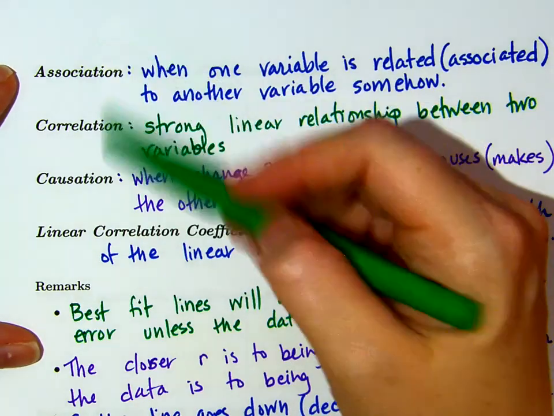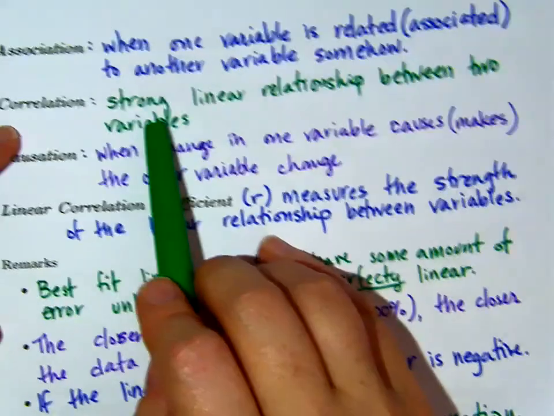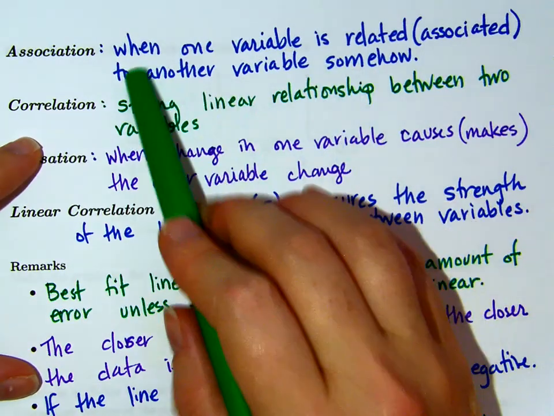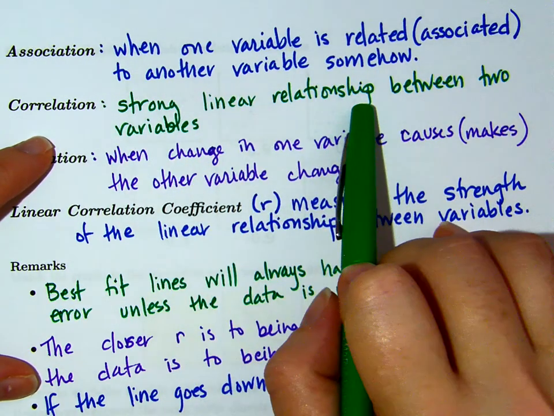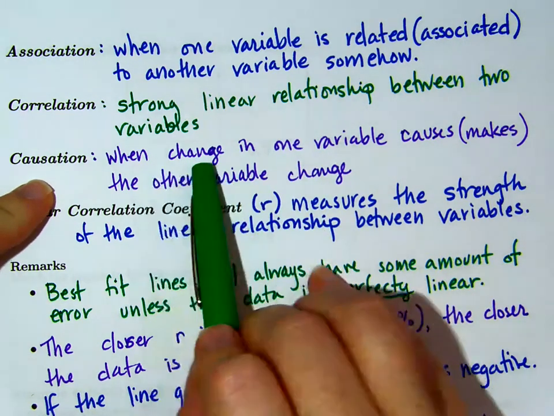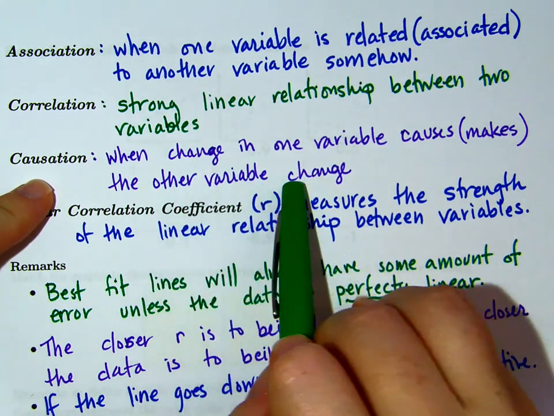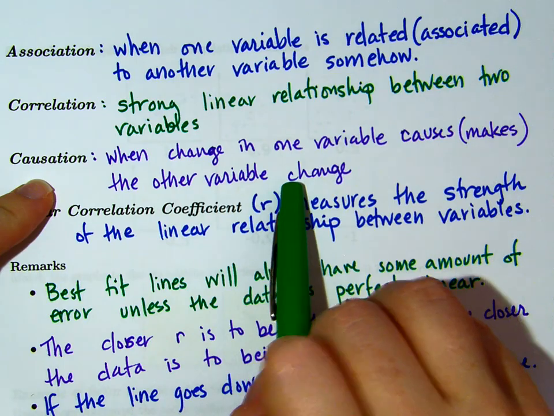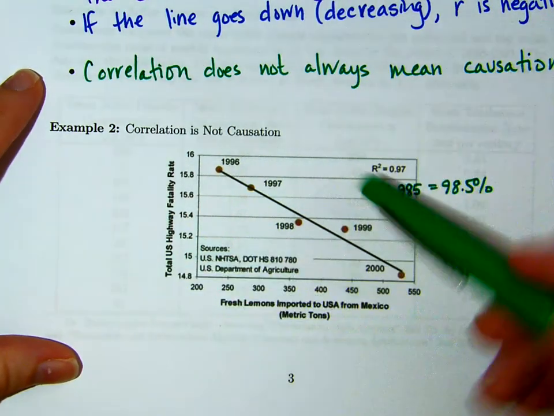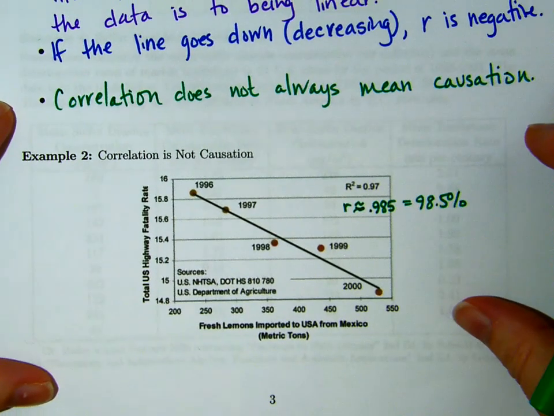Okay, so when we go back to this list of words, they're associated maybe. They're definitely correlated. They have a strong linear relationship between the two. But when you change the number of lemons, do you change the number of fatalities? And when you change the number of fatalities, will that change the number of lemons?